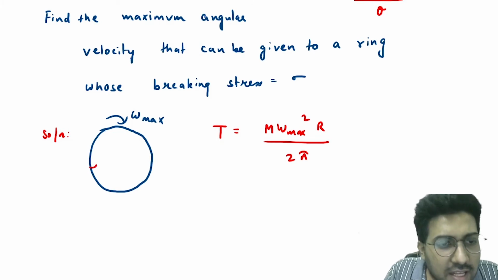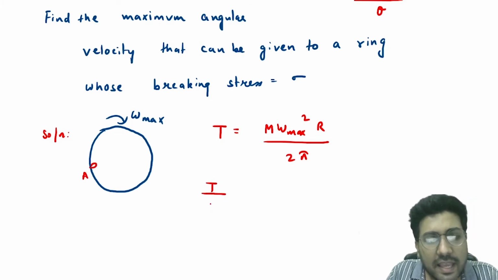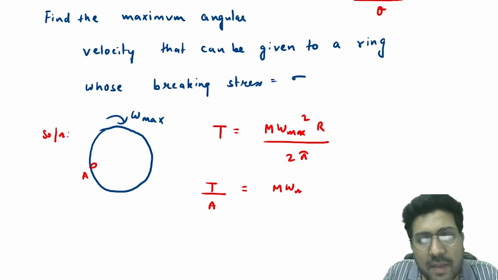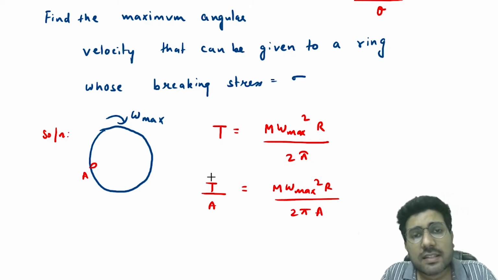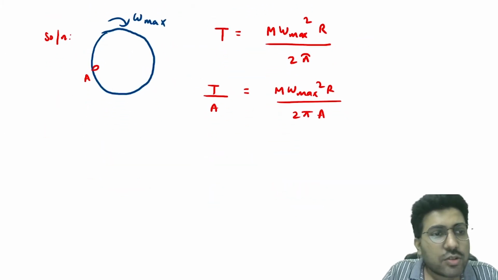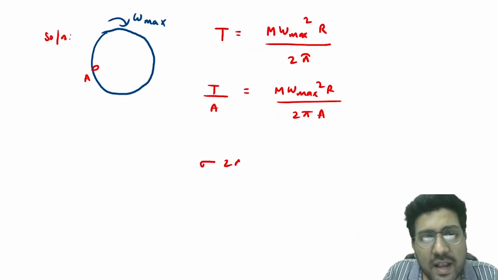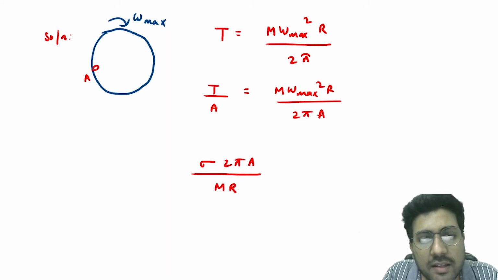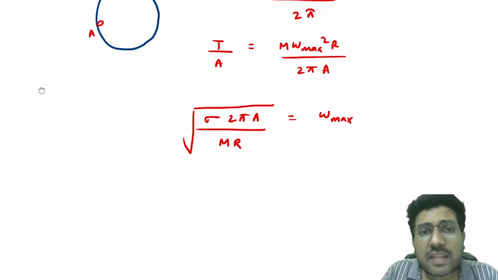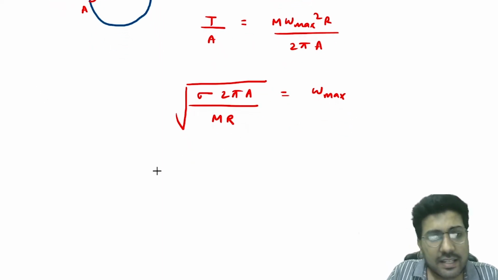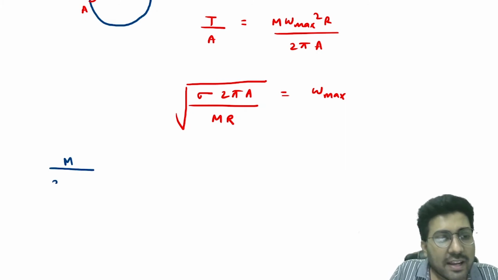Suppose the area of cross section is A, then you will write T by A is equal to m omega max square r divided by 2 pi A. Now T by A is the maximum stress, that is sigma, it is given in the question. So you will write this as sigma 2 pi A divided by mr is equal to omega max square. Okay, so omega max will be root over this. But most of the time they ask you the answer in terms of density. Now, m by 2 pi r multiplied by the area of cross section.